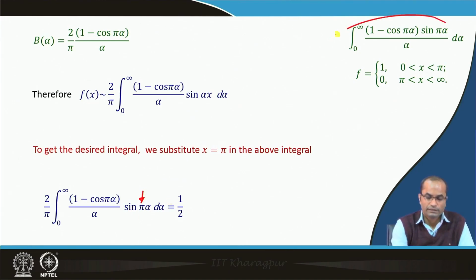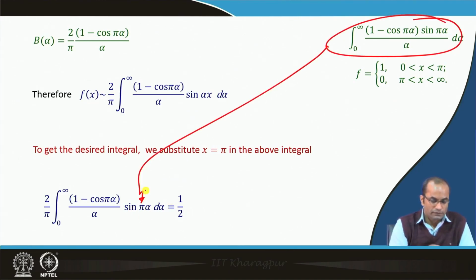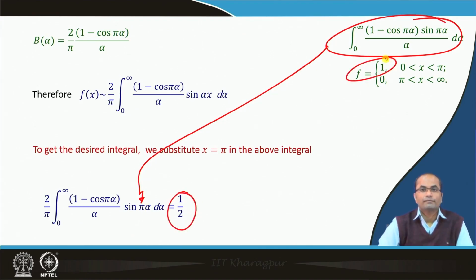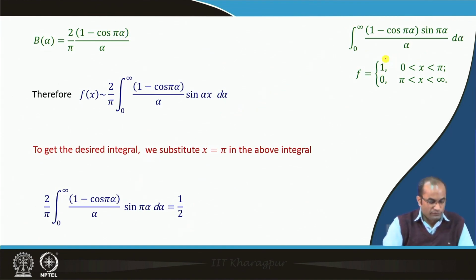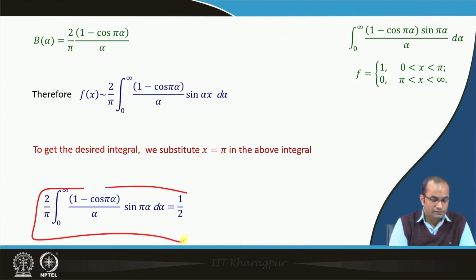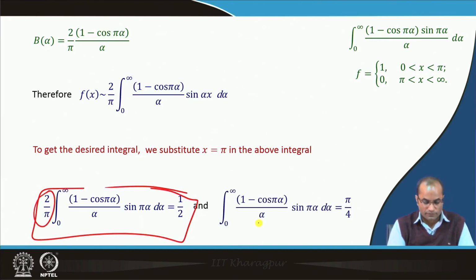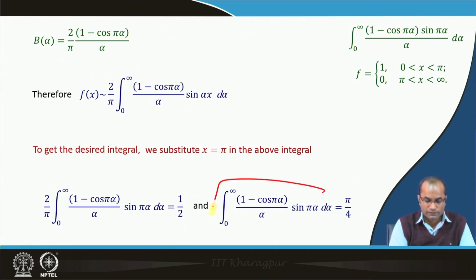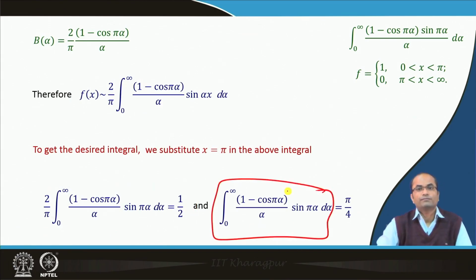We have the desired integral coming, and this value is equal to half, because that is exactly the average value of this function at x equal to pi. So, the value of 2 over pi times the integral is 1 by 2. This 2 over pi can go to the other side. The value of this integral is pi by 4.